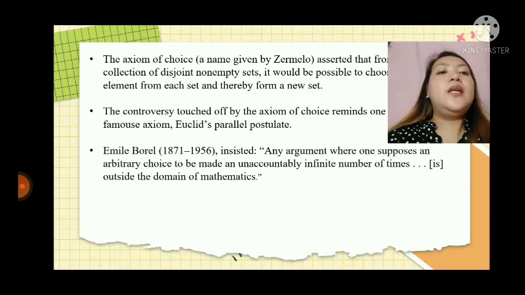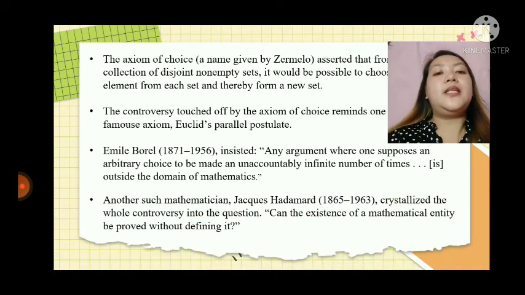Émile Borel insisted that any argument where one supposed an arbitrary choice to be made an uncountably infinite number of times is outside the domain of mathematics.